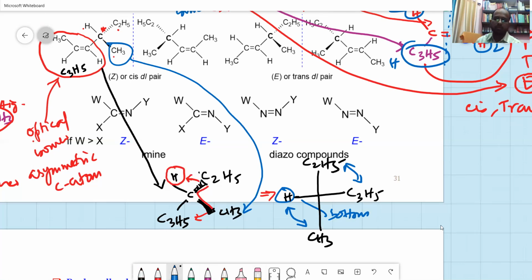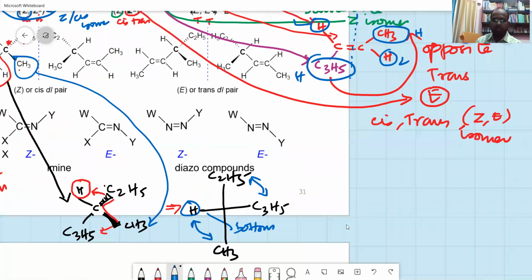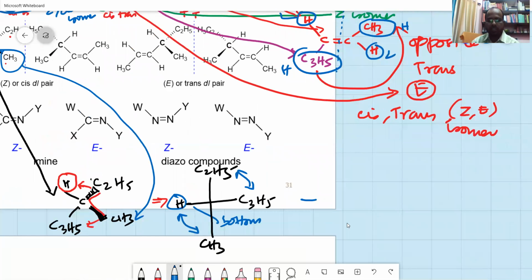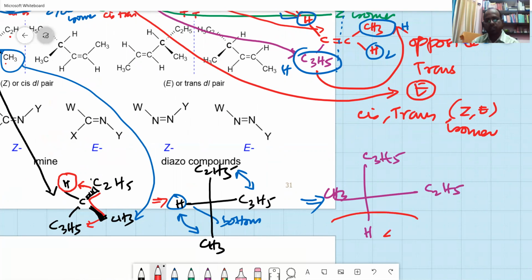Hydrogen to the bottom. When we bring hydrogen to the bottom, we get a structure like this. H. Okay, and then CH3 comes here. You will have C3H5 here, and then C2H5 here. So naturally, hydrogen has the lowest priority, so it is pushed up.